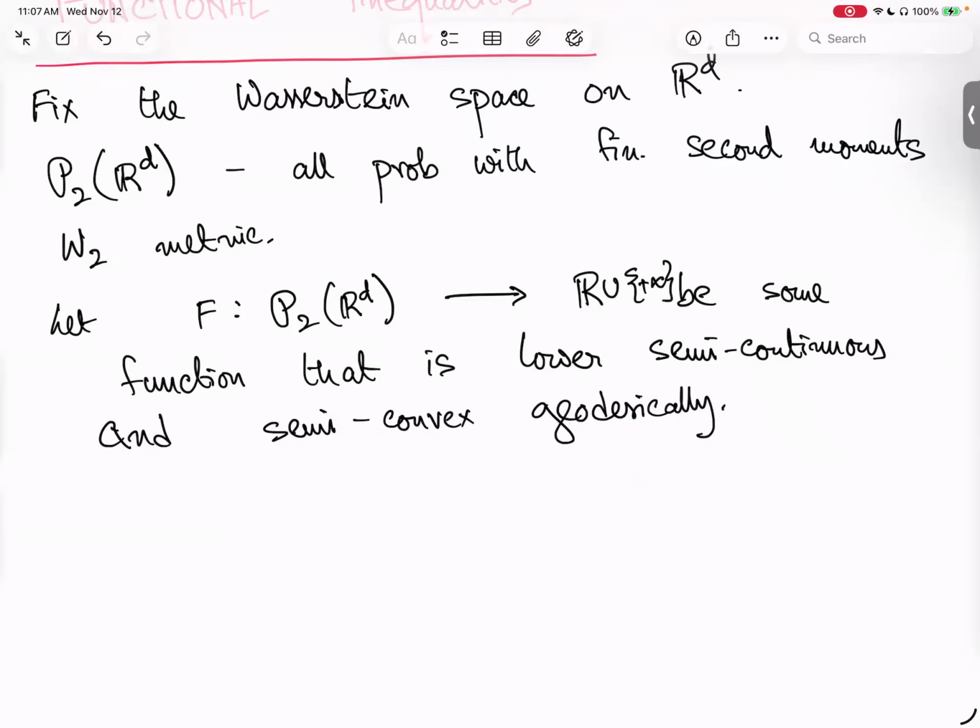Remember that semi-convex means that it doesn't have to be actually geodesically convex. It's just that its concavity has a lower bound. The Hessian, in some sense, has a lower bound. So that's semi-convexity.